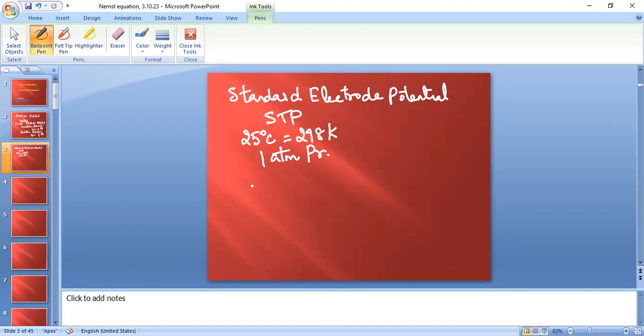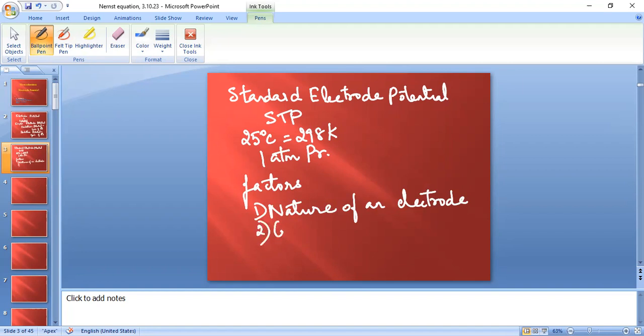Now, what are the factors which influence the electrode potential? The first one is the nature of the electrode. The second one is the concentration of the electrolyte with which it is in contact.